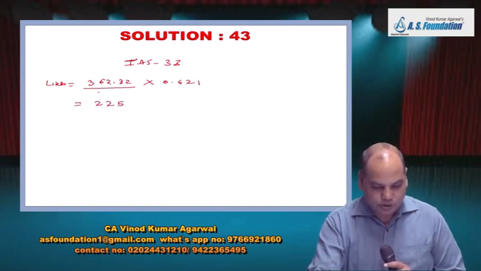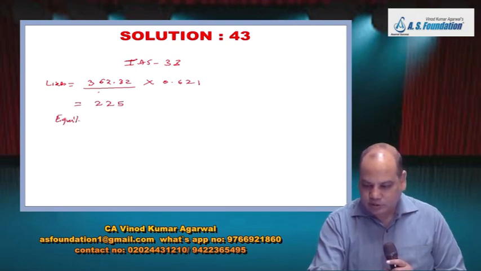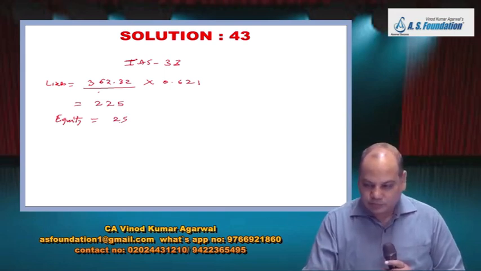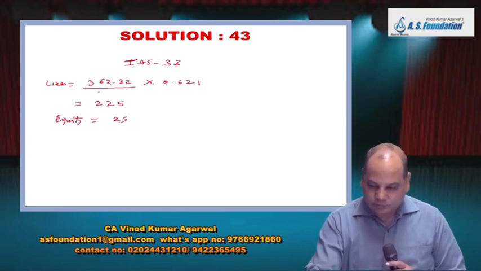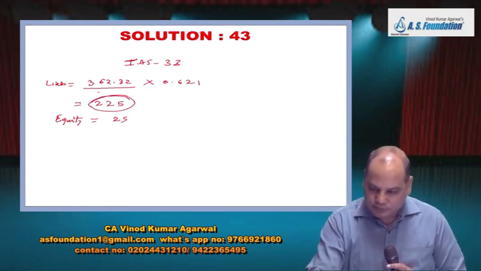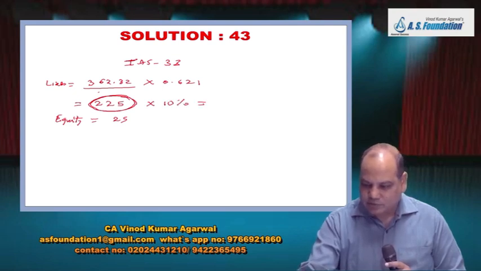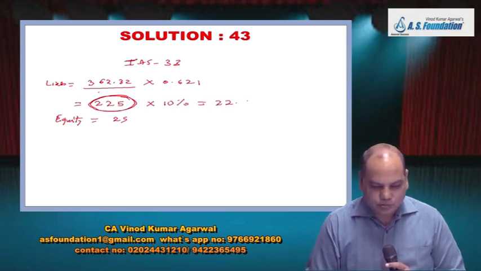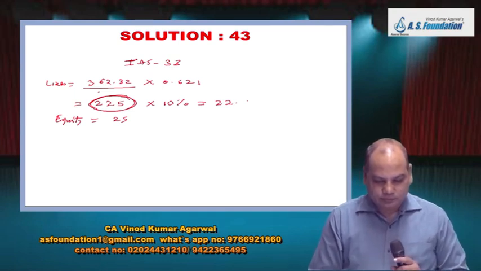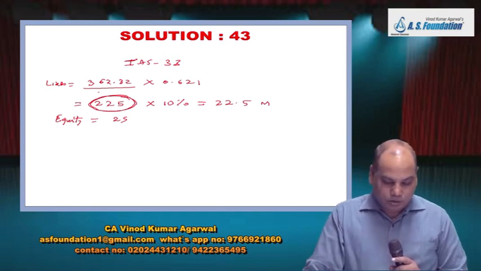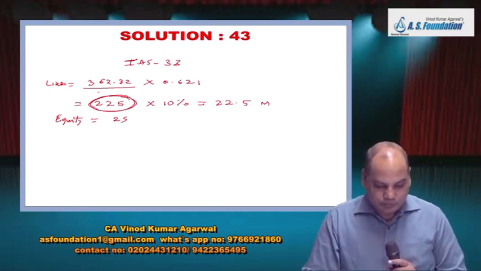And how much is the proceed? 250. So the equity component will be 25. Not only that, on this 225, you have to charge effective interest, that is 22.5, because it's one full year. That also we have to charge.